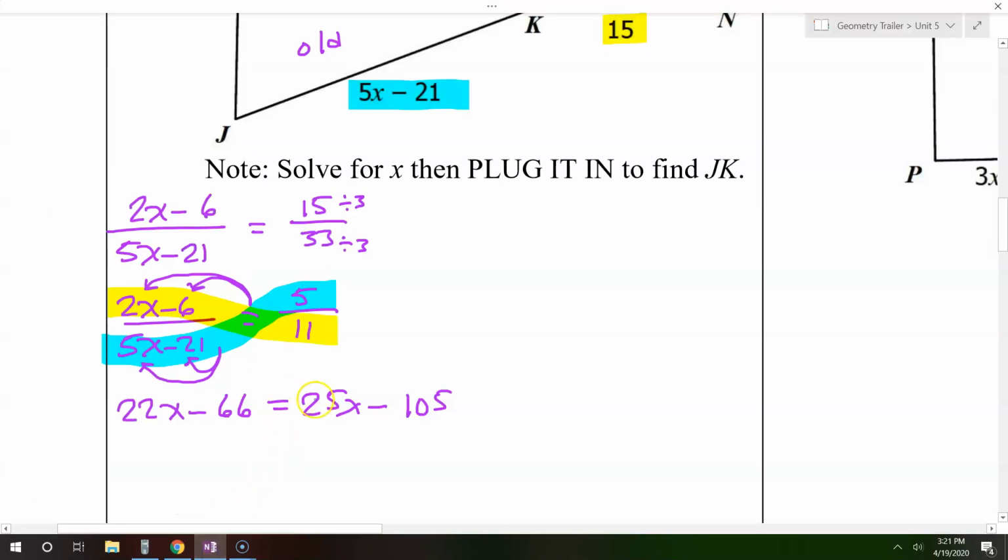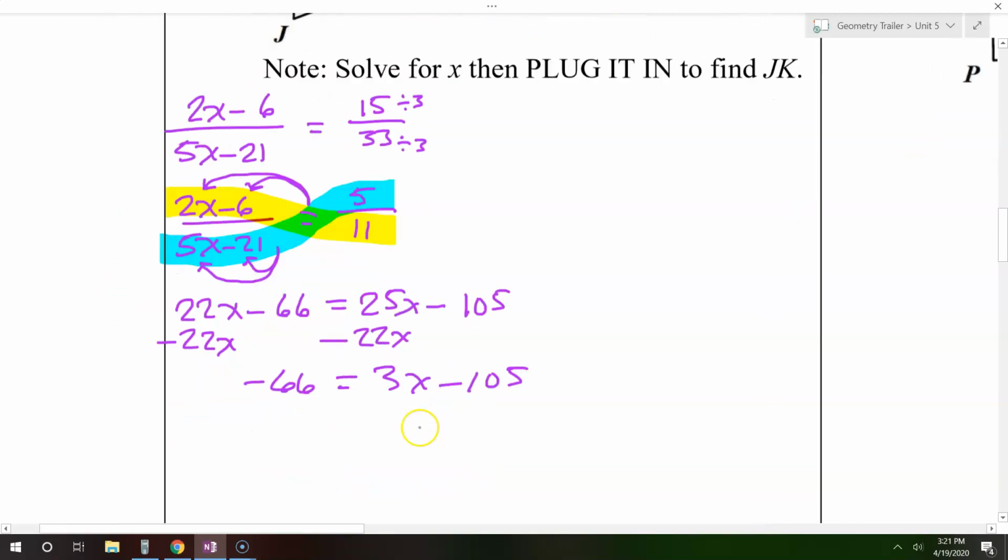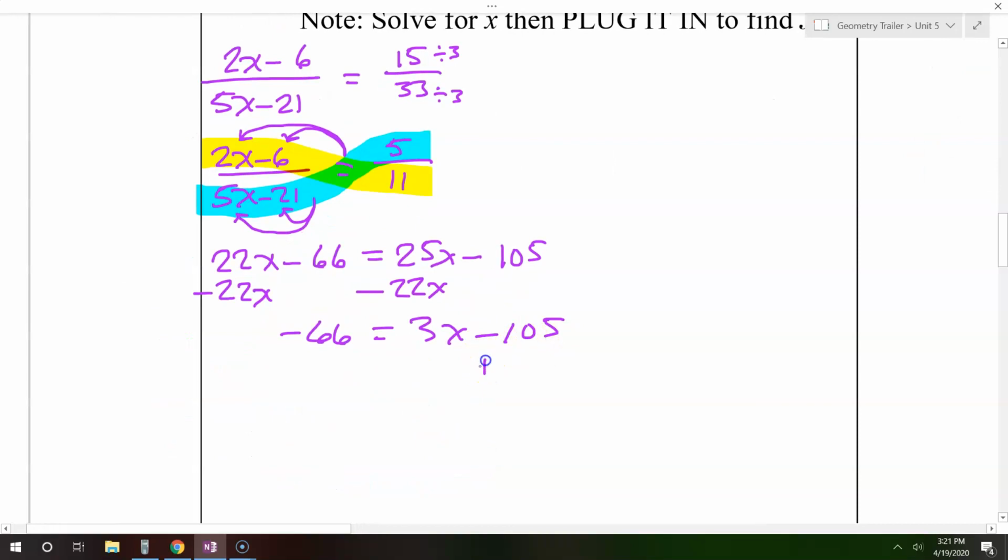Okay, so let's get these x's together by subtracting 22x from both sides. So that'll give me negative 66 is equal to 3x minus 105. Then, of course, we will add 105 to both sides.